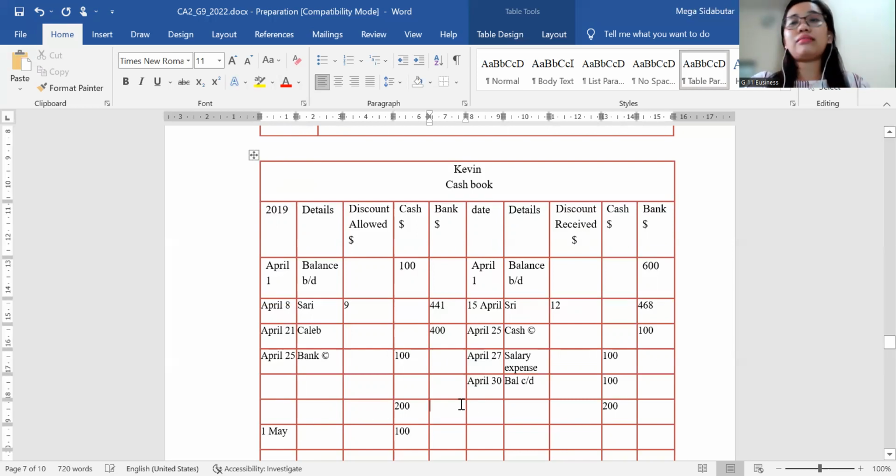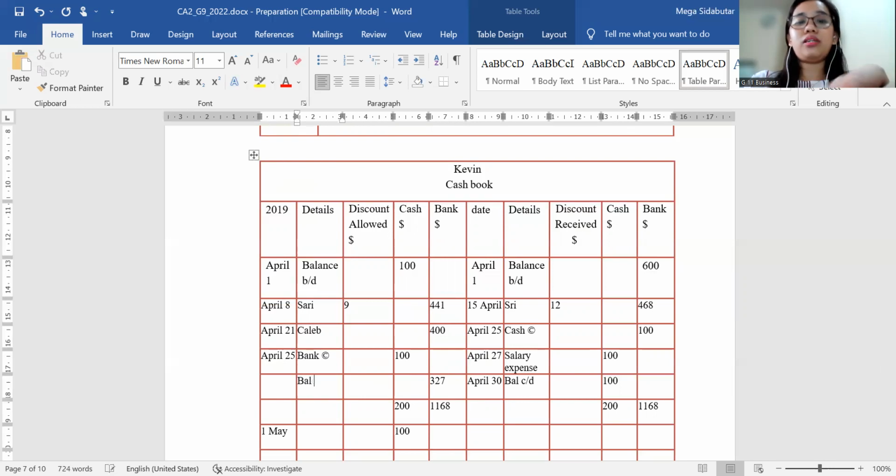Now we are going to the bank side. I think this needs a calculator because there is a lot of money here. The biggest number is on the credit side, so 600 plus 468 plus 100 will be 1,168. We put 1,168 on both sides. Then 1,168 minus 441 minus 400, all the totals above, will be around 327.